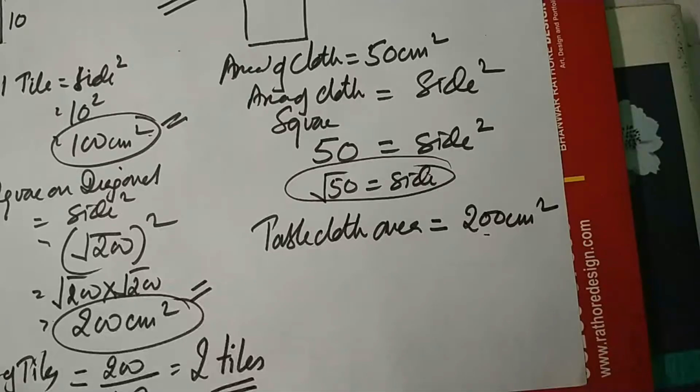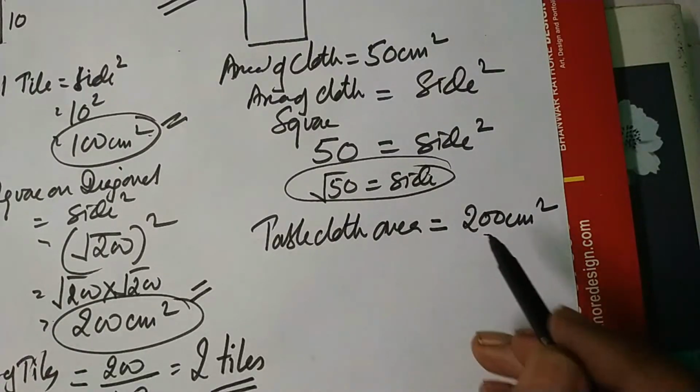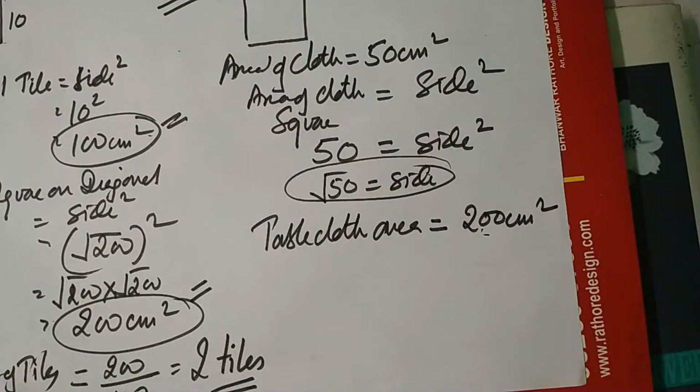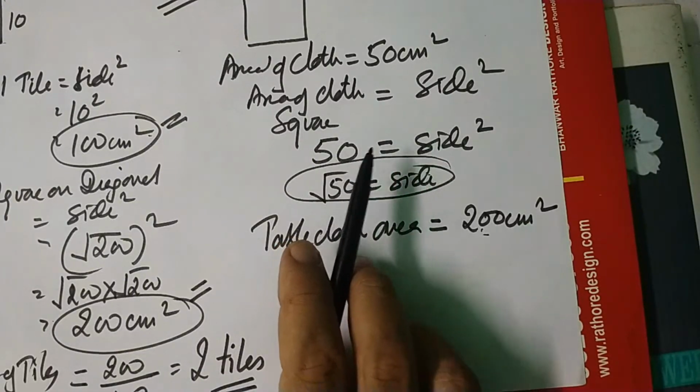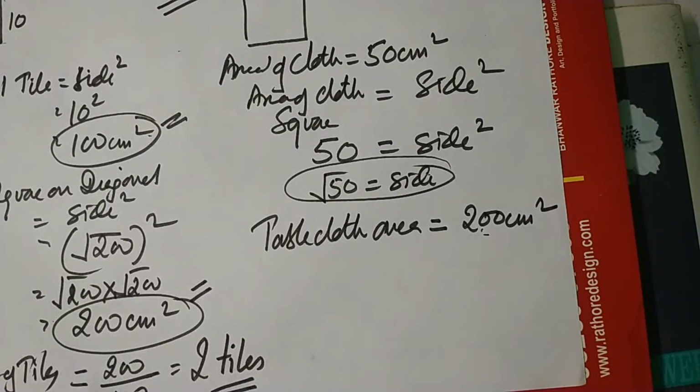She wants to make a square tablecloth whose area is 200. How many times should she apply the doubling method? She wants to make this using this cloth. So how many times should she apply the Pythagoras theorem so that the answer becomes 200?